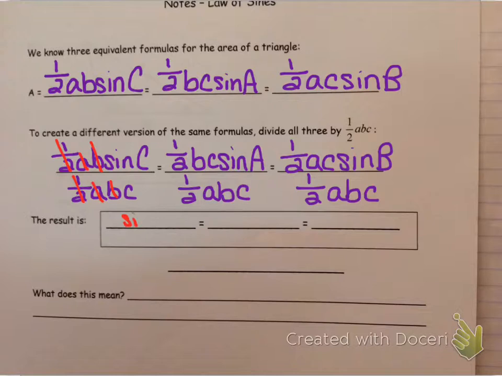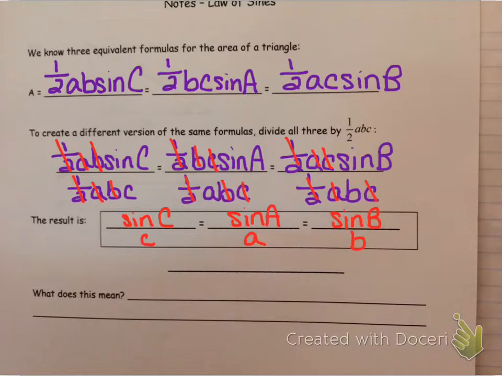And so what we're left with is just sine of angle C on top and side C on bottom. The second version, the 1/2s will cancel, the B's will cancel, and the C's will cancel, and we're going to be left with sine of angle A over side A. And the final version, the 1/2s will cancel, the A's will cancel, and the C's will cancel, and all we'll be left with is the sine of angle B on top and side B on bottom.